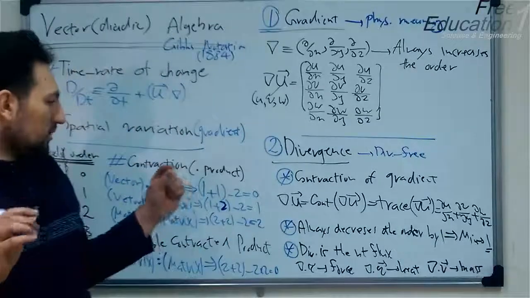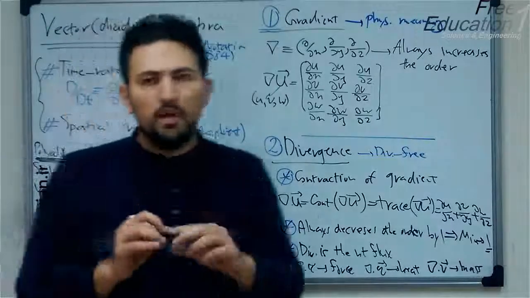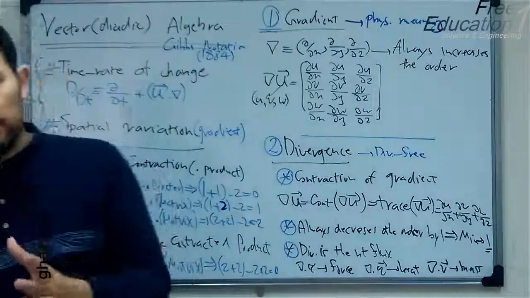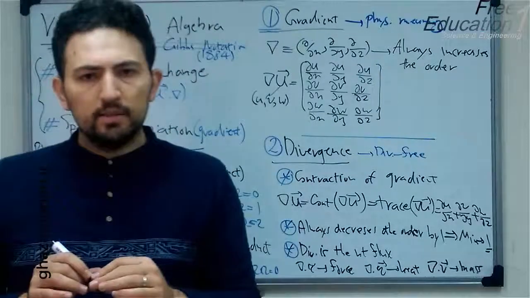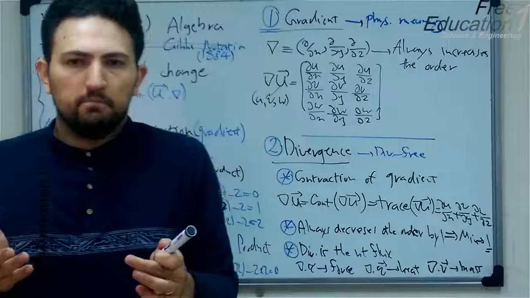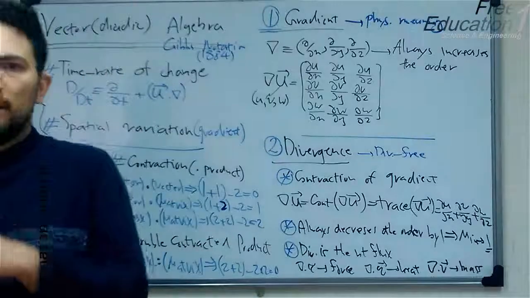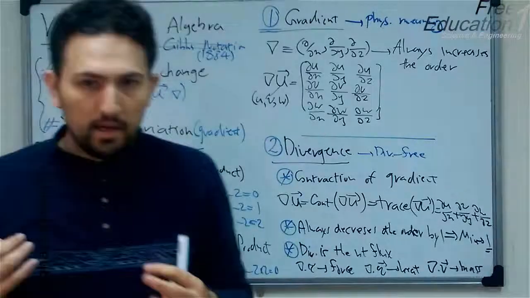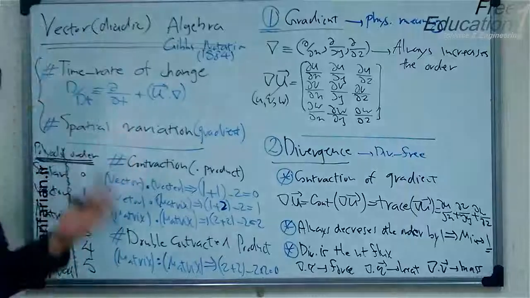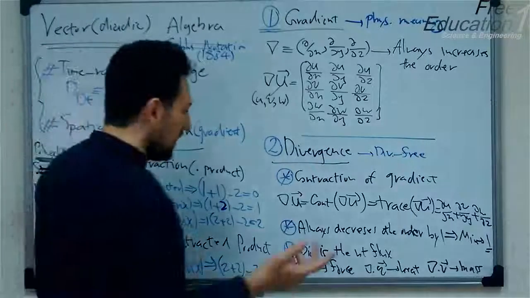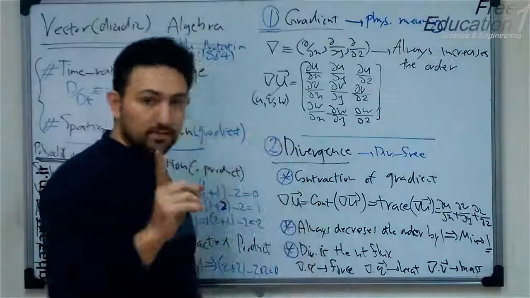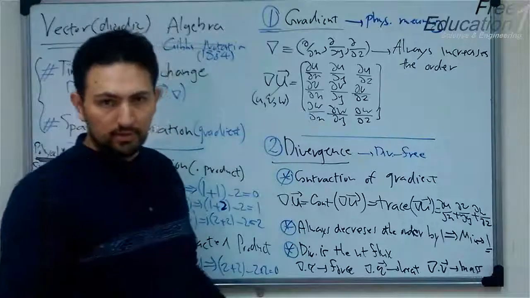Also pay attention that the minimum order of input of the divergence operator is 1. So we don't have the divergence of a scalar. It's meaningless because we have to perform the contraction process. And we don't have a negative order for a quantity.